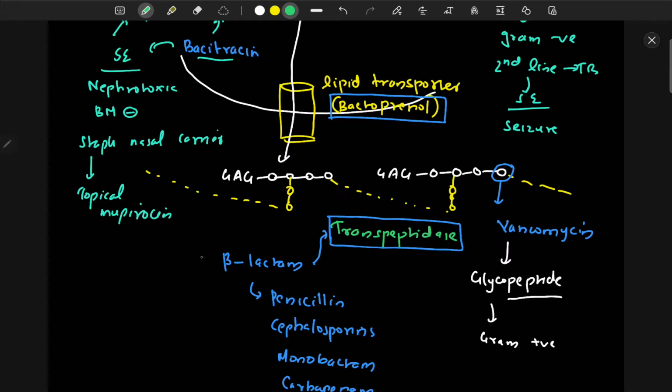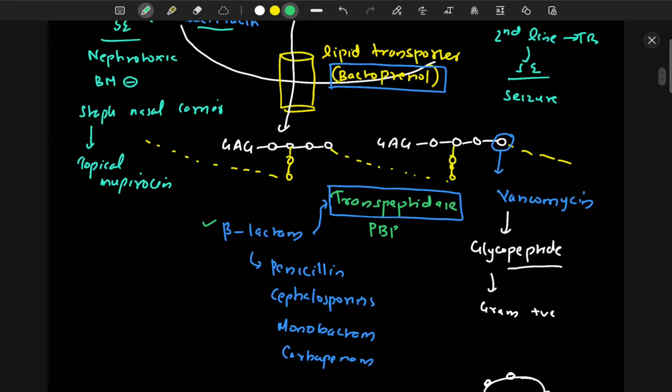Here you can see that beta-lactams, that is penicillin, bind to the transpeptidase, also called penicillin binding proteins. So they will alter this transpeptidase or penicillin binding protein.